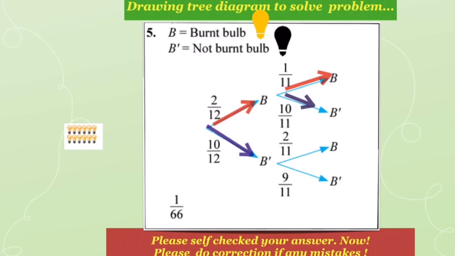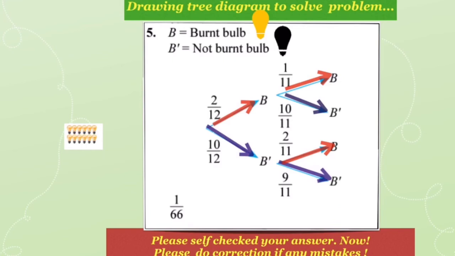Because the first time you chose a burnt bulb, the not burnt bulb still remains 10, but the sample space is reduced by 1. So if you chose not burnt bulb for the first time, then the second time for you to choose a burnt bulb is 2 over 11, and for you to choose not burnt bulb will be 9 over 11.